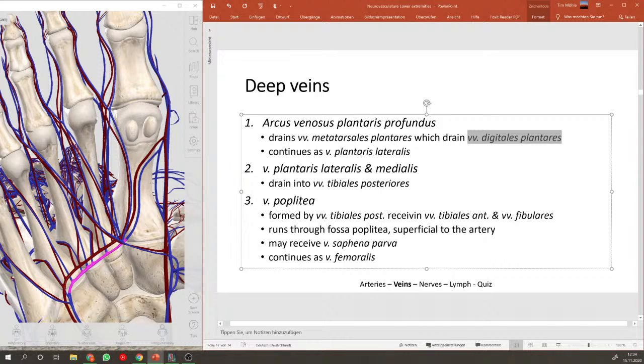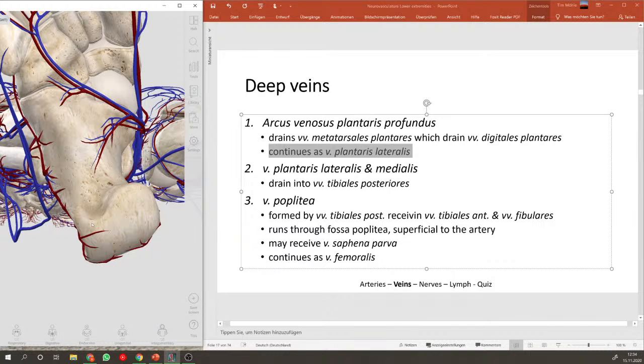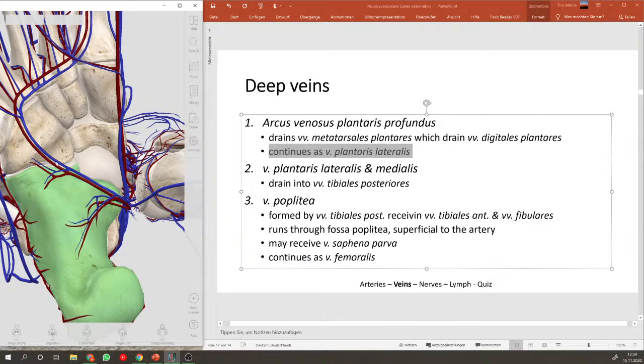And again, just opposite to the arteries, it will continue as vena plantaris lateralis. So it will be this one here. You know now what the lateral plantar artery is, so I don't have to point it out again. And then you also know what the lateral plantar vein is. Hope that is clear.